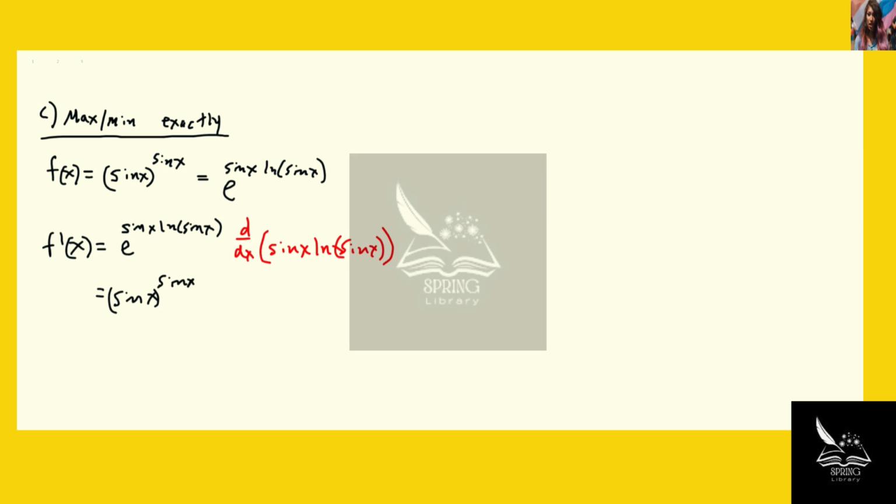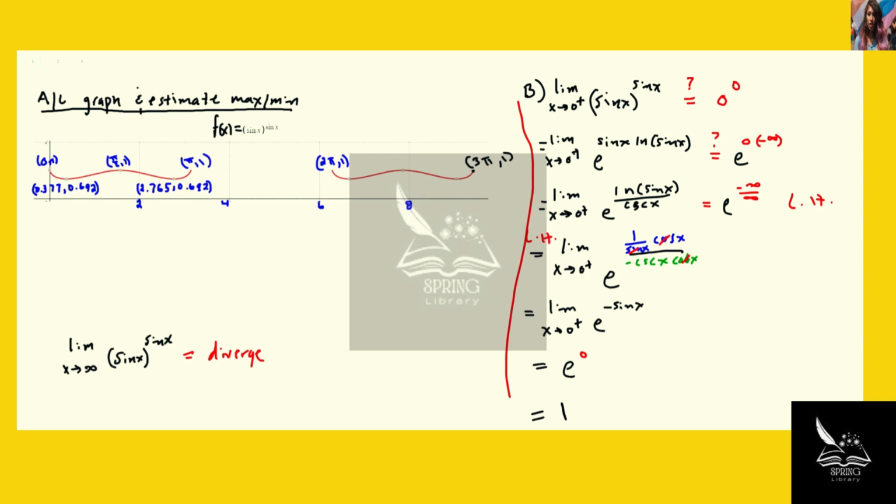And now to take the derivative of sine of x times natural log sine of x, we're going to need to use product rule. So remember, product rule says we leave the first one alone. So it's going to be sine of x, then times the derivative of natural log sine of x, which we already found over here to be just cotangent of x.